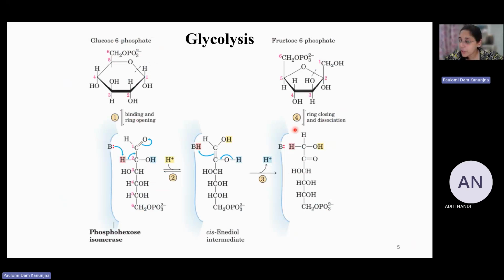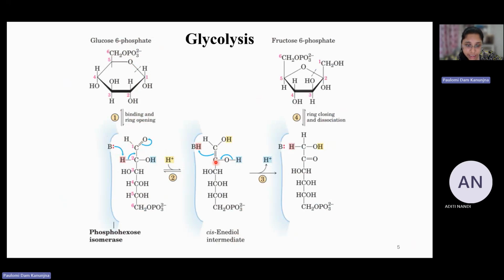Meanwhile, you have your ring opening. So the first thing that happens is this ring opening. What is happening here is you have your CH2, which is your first carbon here, and then this is your sixth. Now in the second step, you have an attack by the enzyme. Here you have the H plus being donated. This H plus forms something called an enediol intermediate.